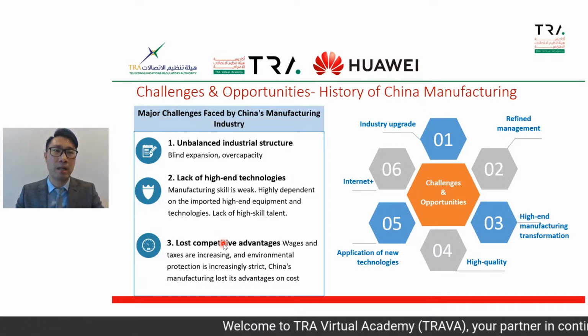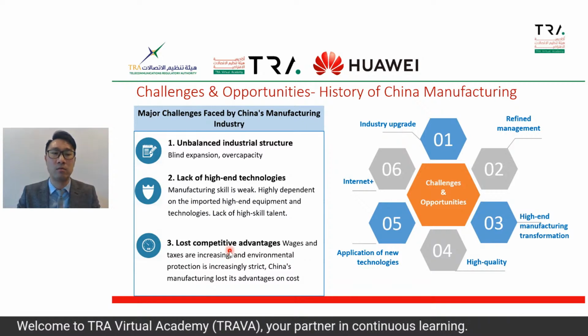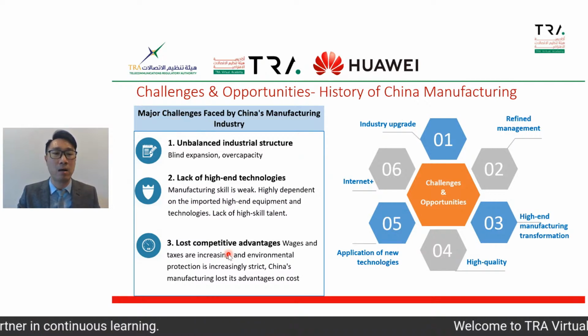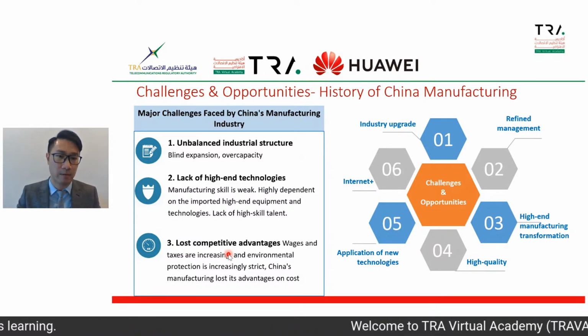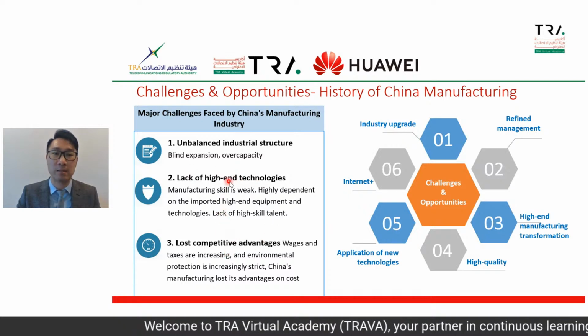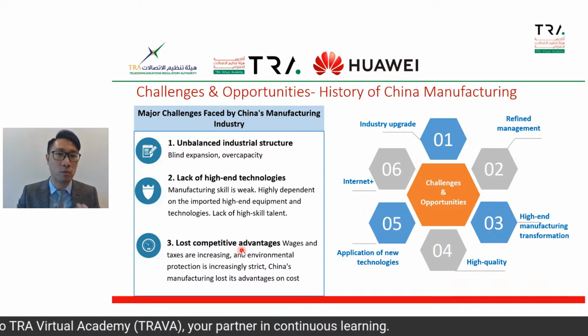But right now, because of the increasing wages and also the taxes in the China manufacturing industry, they are losing their competitive advantage as well. So with these challenges faced by the China manufacturing industry, what can they do to stay competitive?